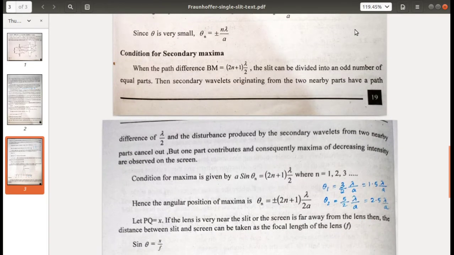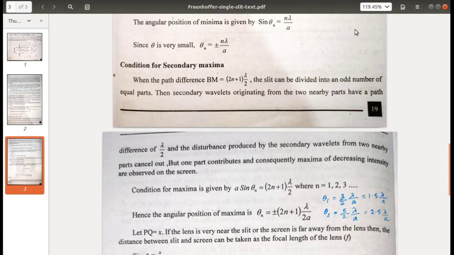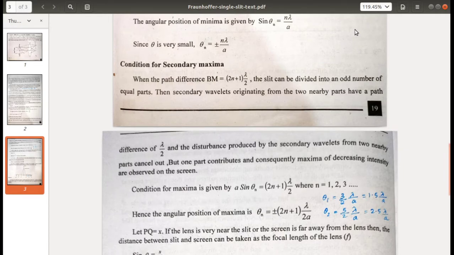Now the condition for secondary maxima. The first maximum occurs at the central point. The central point is a maximum, the central bright maximum. Now the condition for secondary maxima is that the path difference BM is 2n plus 1 lambda by 2.